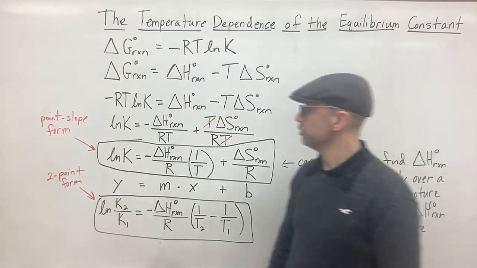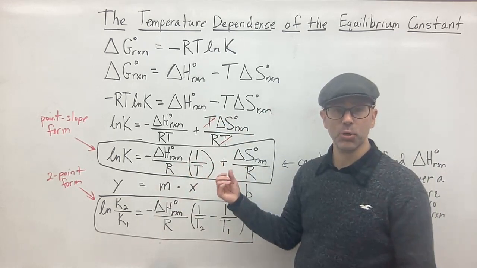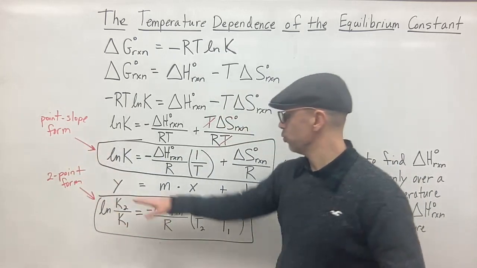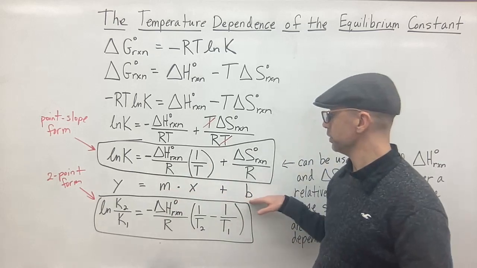And then what I can do is manipulate this a little bit more and get it into what is called the point slope form. That is your y equals mx plus b. So the temperature here is a variable.